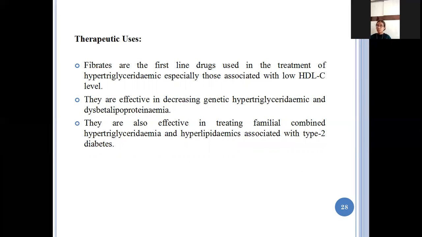So it is mainly used to reduce the bad cholesterol in the body, and they are effective in decreasing the genetic hypertriglyceridemia and dysbetalipoproteinemia, and also it is effective in treating the hyperlipidemias associated with type 2 diabetes. So it is used to reduce the bad cholesterol in the body.